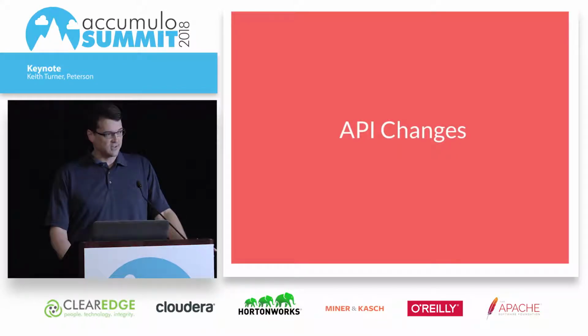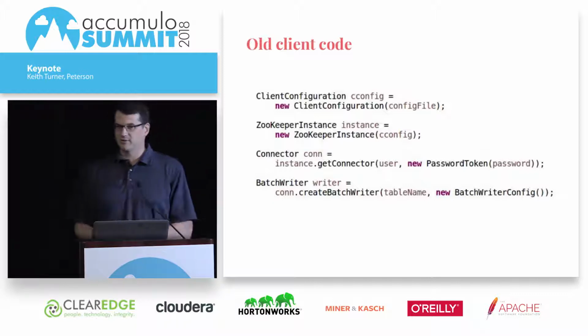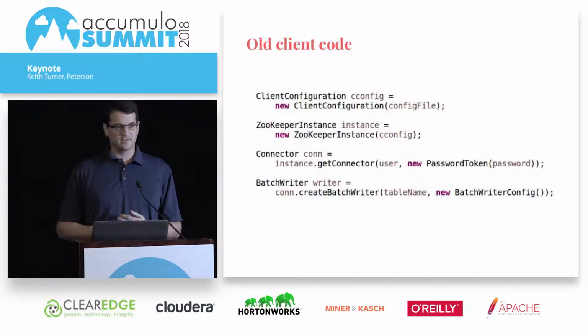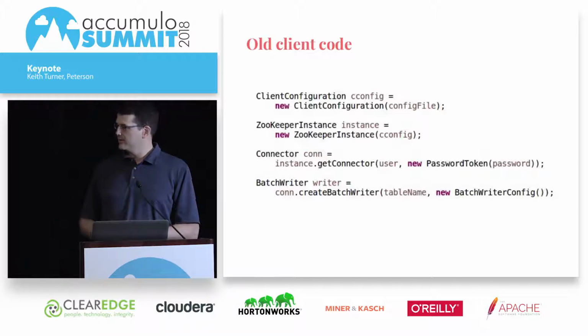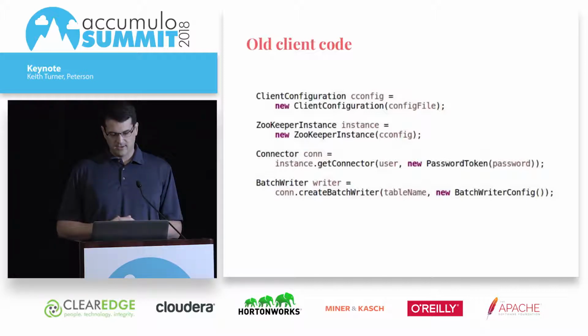The first thing I want to discuss are some of the API changes. What I'm showing here is the current Java code that you have to write to connect to Accumulo. And it's not very intuitive, and it's not very nice to look at. The code's the way it is because it evolved in a strange way over a long period of time.